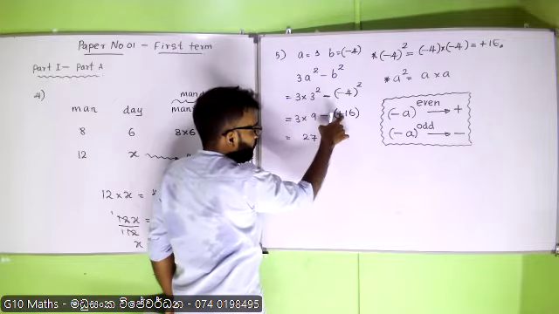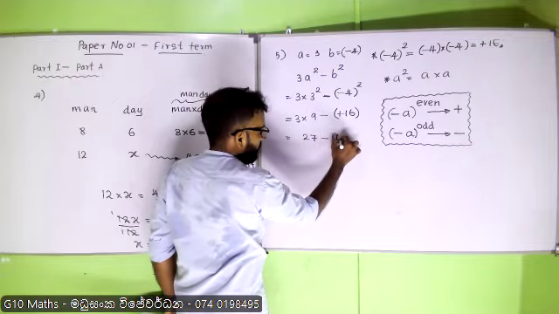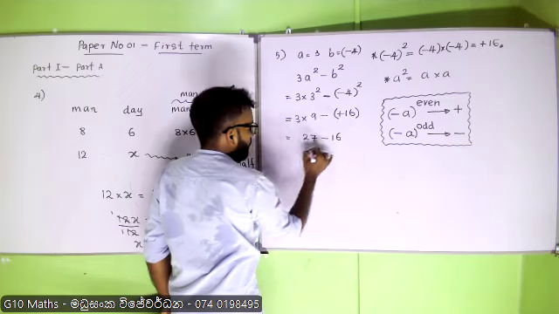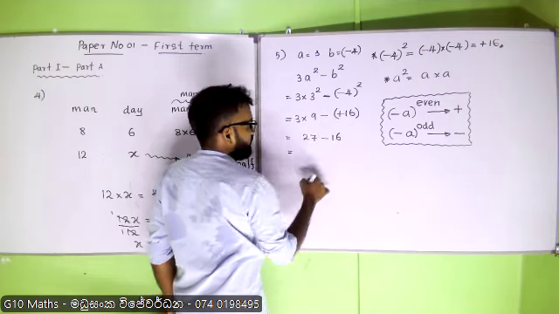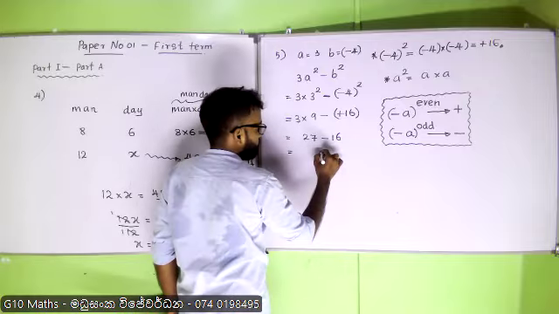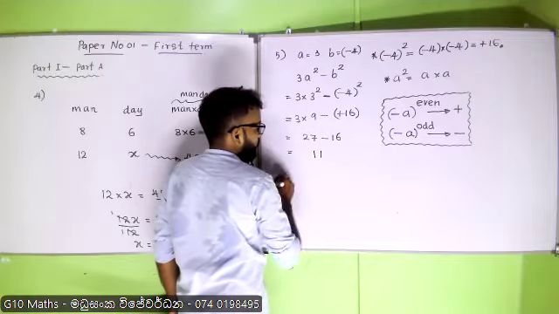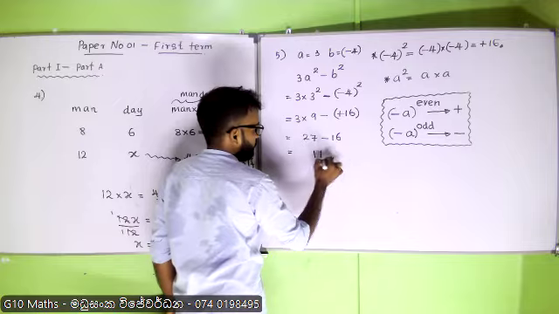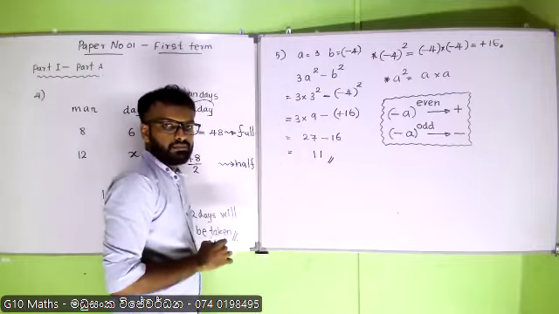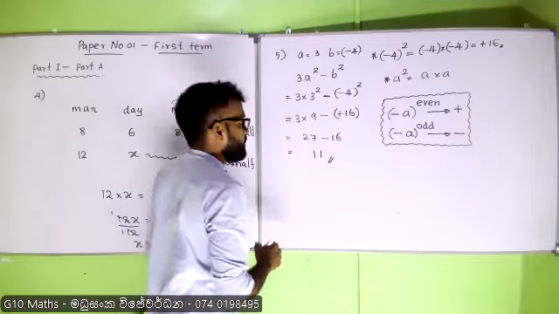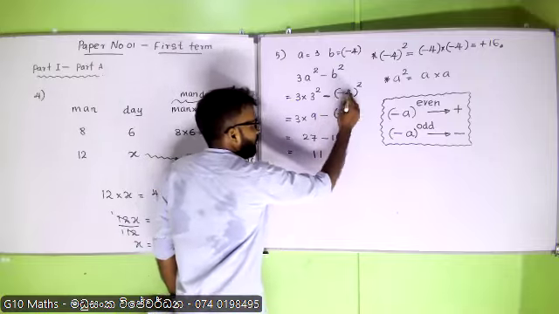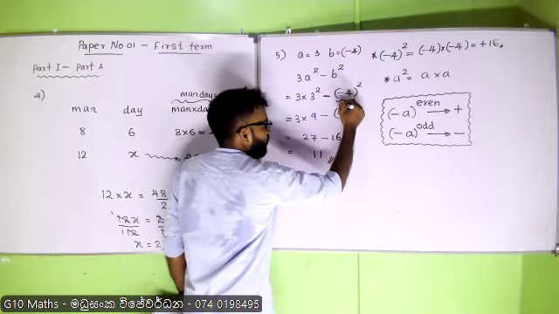Negative multiplied by positive is negative 60. 27 minus 60 is negative 33. Right? Negative 4 to the power 2 means positive 16.